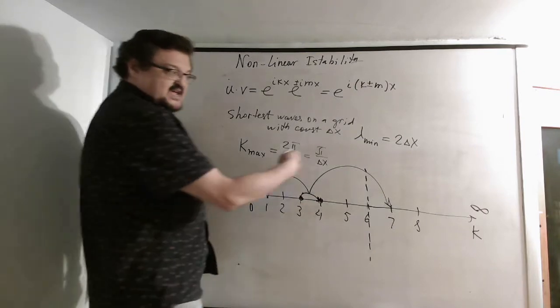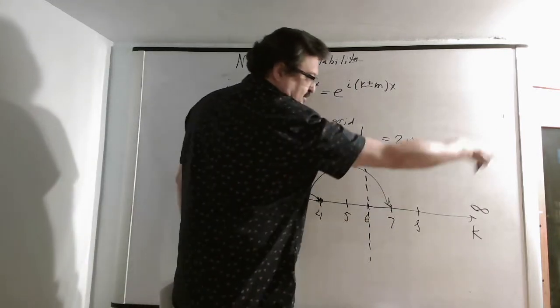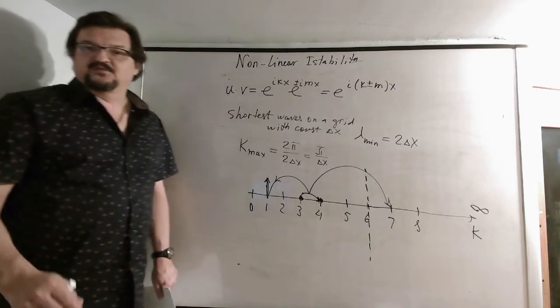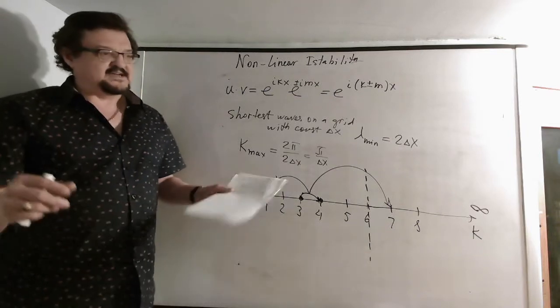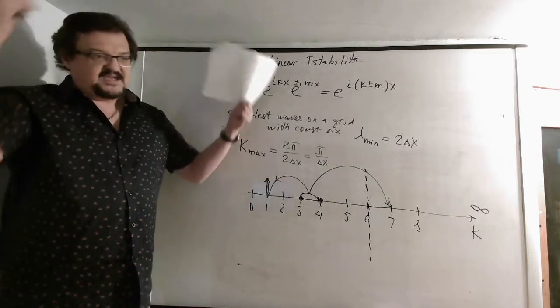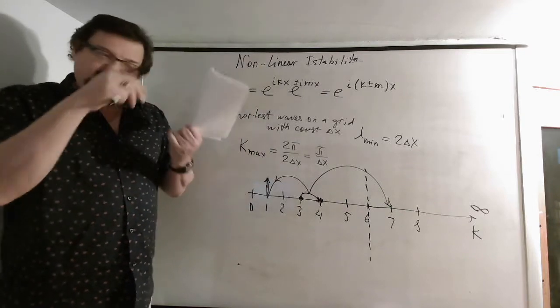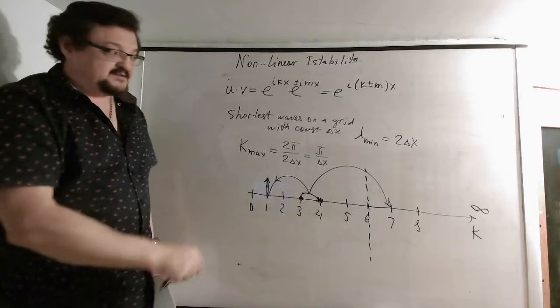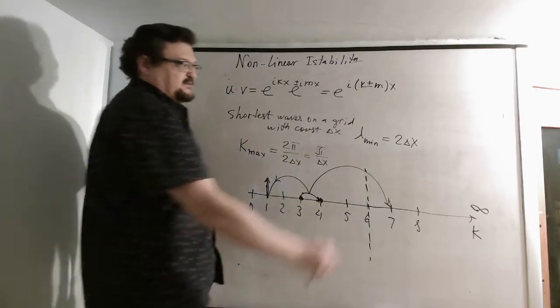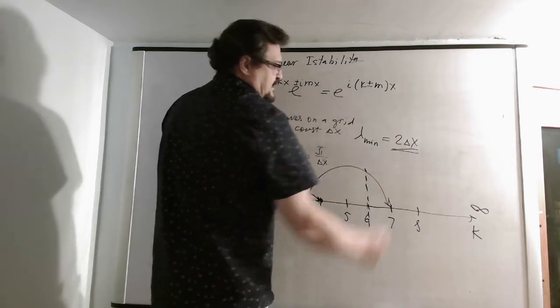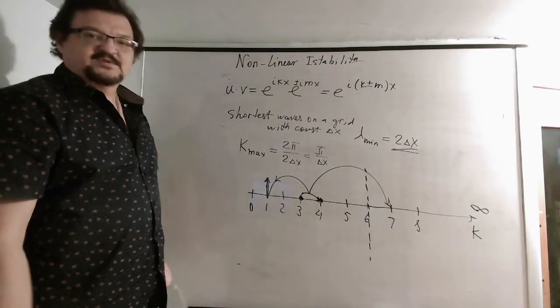In reality, in nature, it would create 7 and so on. And this is responsible for the cascade of energy to the shortest wavelengths, like in turbulence. You have a big eddy and then it becomes smaller and smaller because of this cascade. But in the model, you don't have that. You have the shortest waves that it can represent, and that stops there.